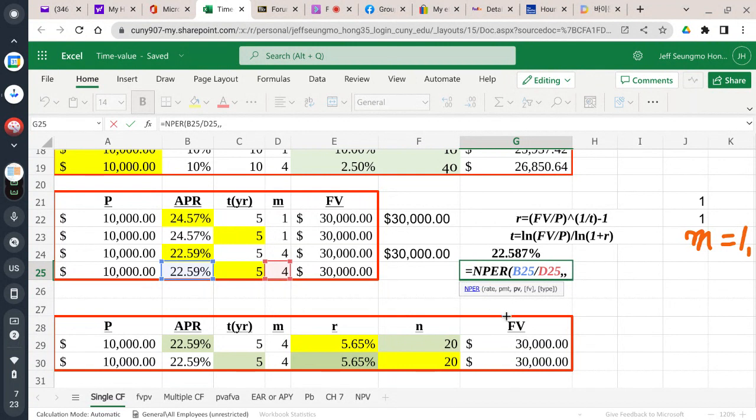And then present value. Yes, this is the present value, and then comma, and then future value. Now, one thing here, one of them must be a cash inflow, and one of them must be a cash outflow. Which one? It doesn't matter. If the present value is the cash outflow, then you're making a deposit, and the future value will be the cash inflow.